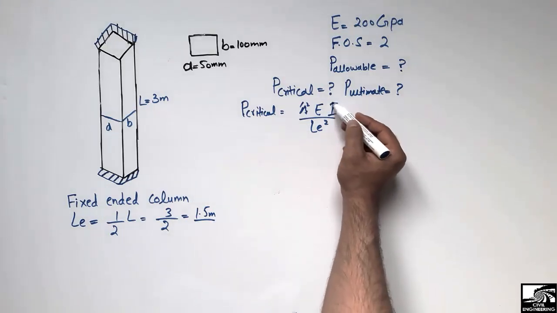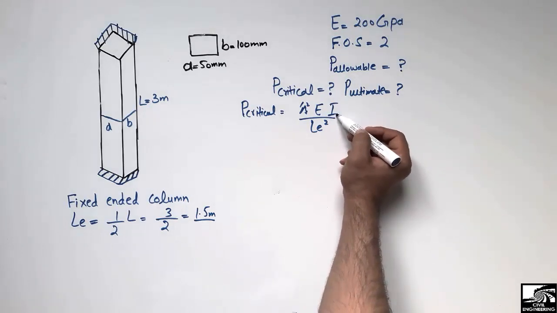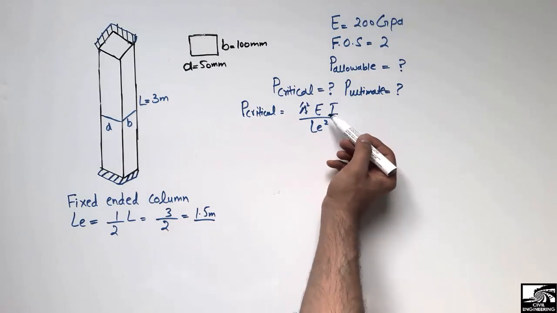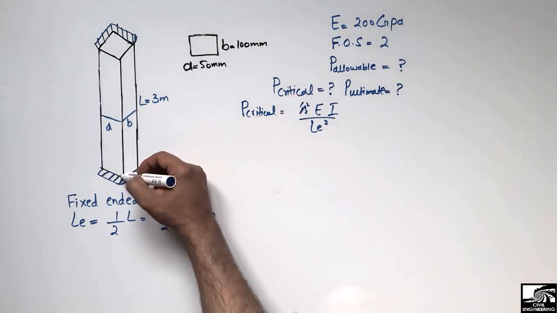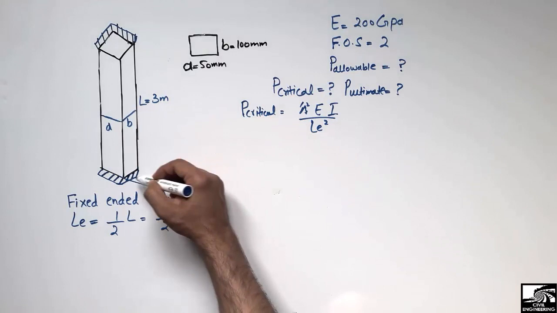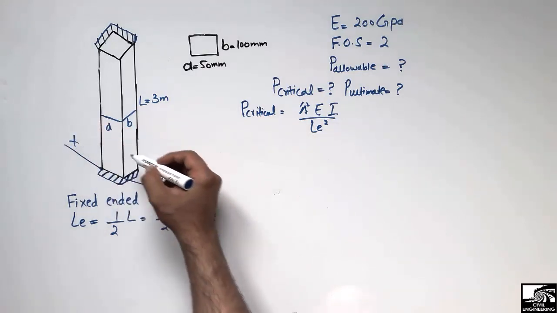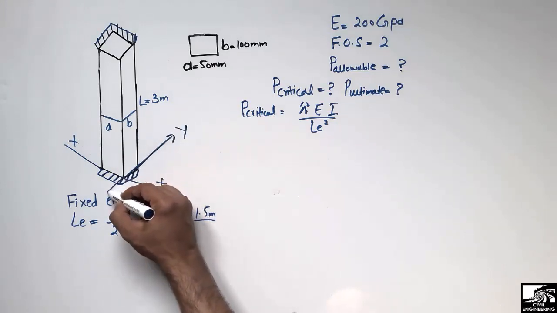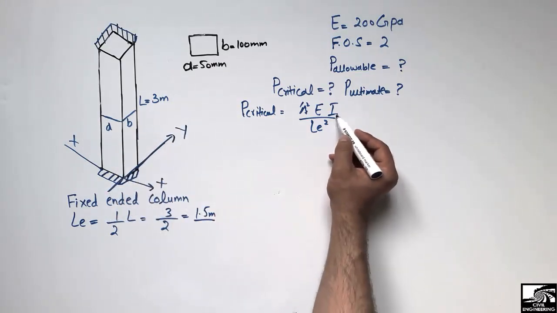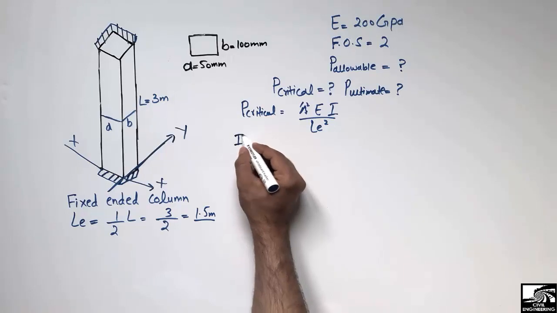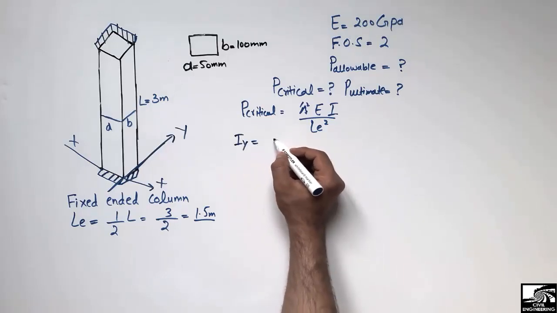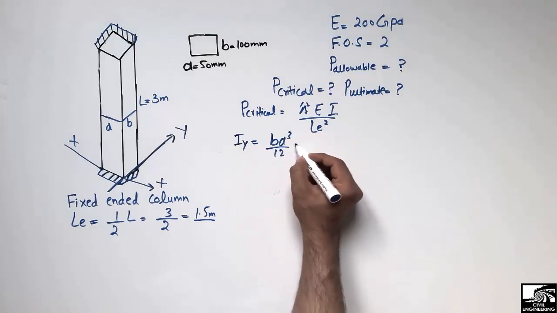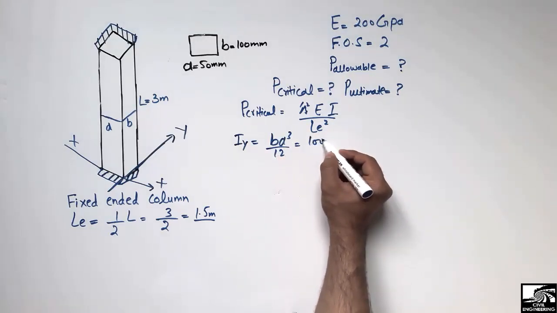So we are only unknown with the moment of inertia. It is a rectangular column, so we have to find out the moment of inertia along both axes. Let's consider this is the x-axis and this is the y-axis for this column. So Iy is equal to B A cube divided by 12, where B is 100.